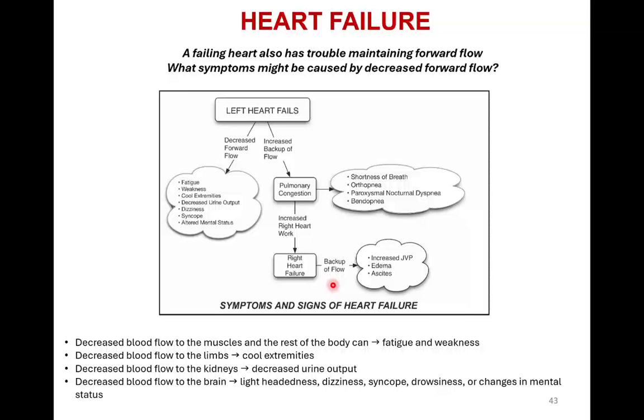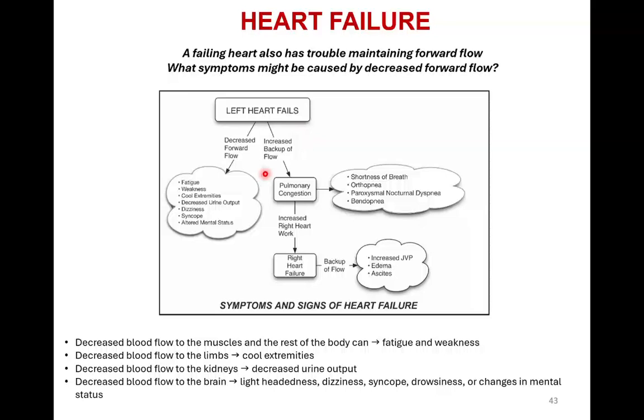So we talked so far about the failing heart, whether it's the right pump or the left pump, leading to a backing up of blood either in the pulmonary or systemic circulation. But the other thing a failing heart has trouble doing is maintaining forward flow. So here we're looking at what happens if the left heart fails.